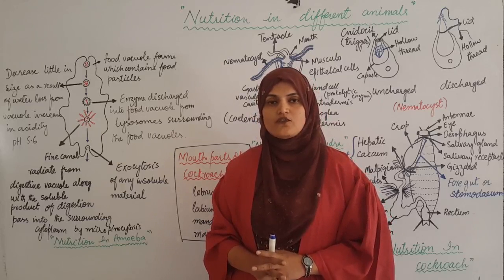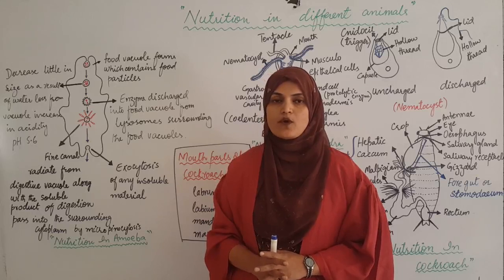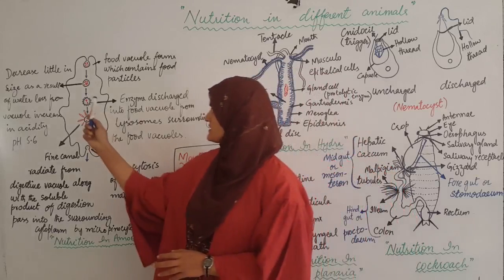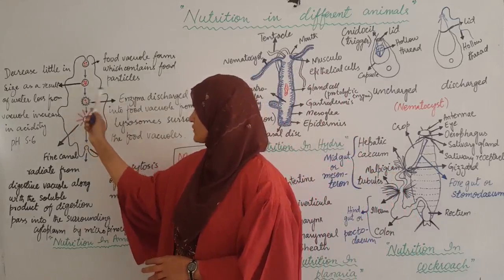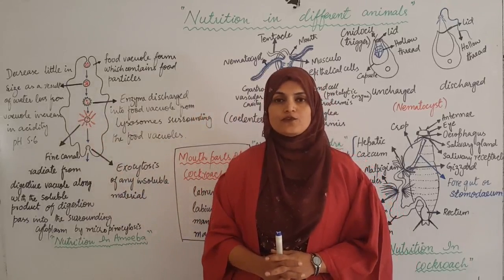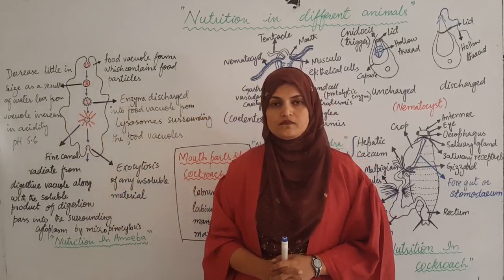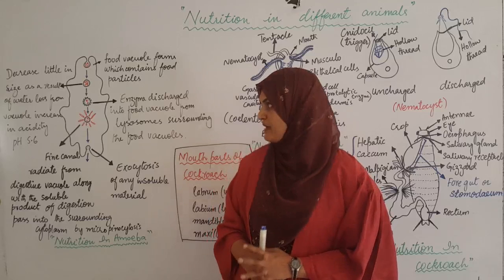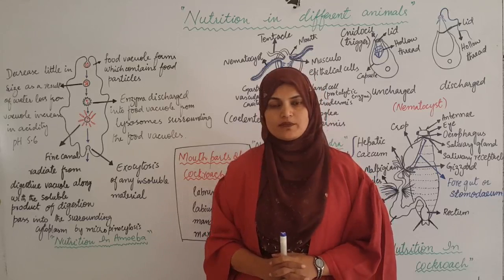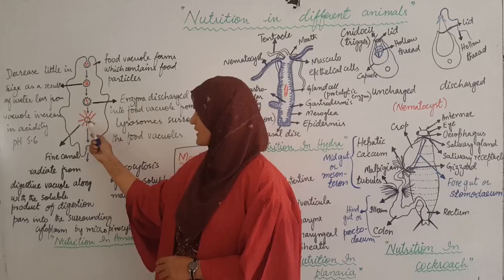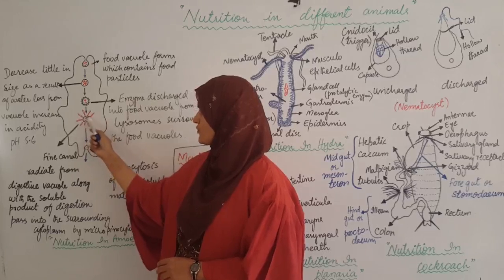When the pH of food increased to 5.6, then lysosome enclose the food vacuole and start to digest it. When the food breaks down into smaller pieces, then canals arise from the food vacuole.